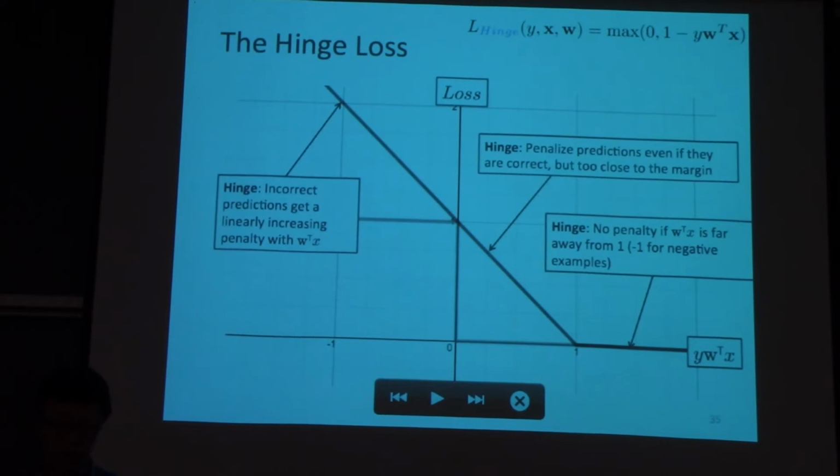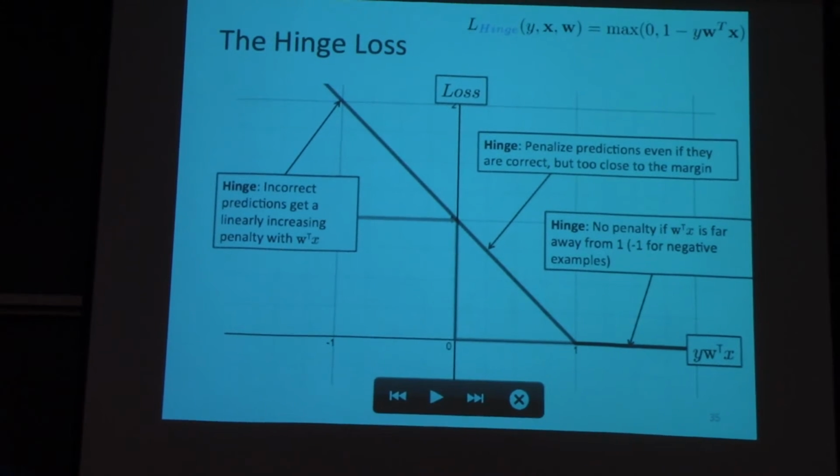And for the hinge loss case, this is what we have in the SVM world. We are not only requiring y w x is bigger than 0. Remember, y w x bigger than 0 just means you make the correct prediction. But we require y w x bigger than 1. So we not only require you make a correct prediction, but we want the data points outside the margin.